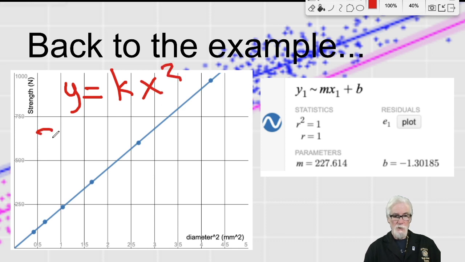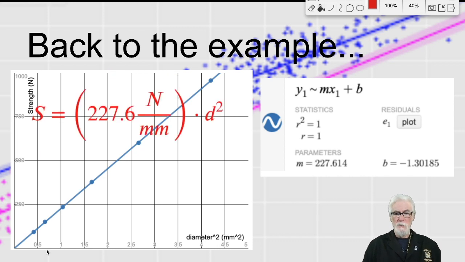But for us, that means the strength is equal to the slope of this line times the diameter of the wires squared. So that's a relationship between the diameter of the wires and the strength. You can predict how strong a wire is going to be by just squaring its diameter and multiplying by the slope of this line. That's a square-dependent relationship.